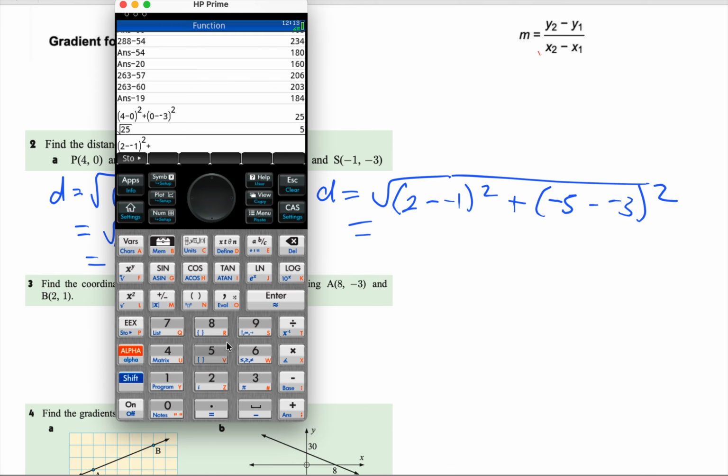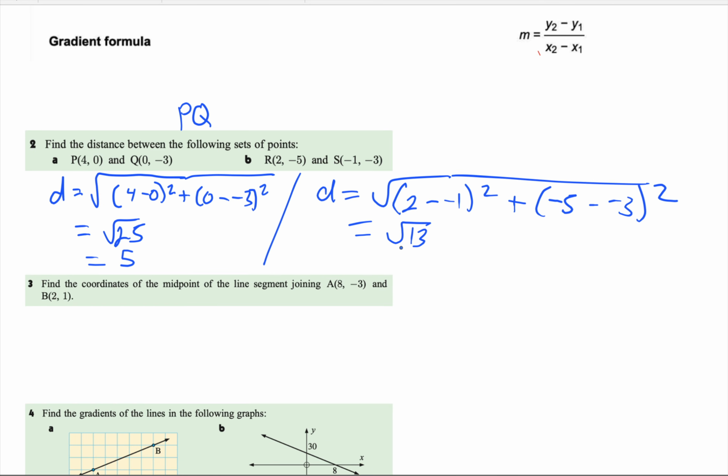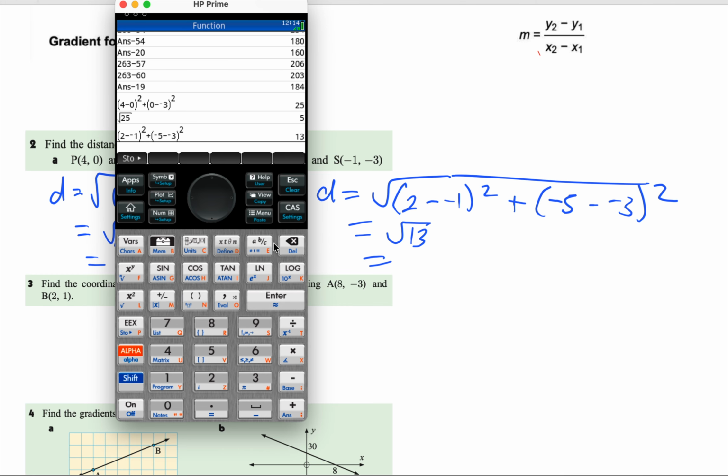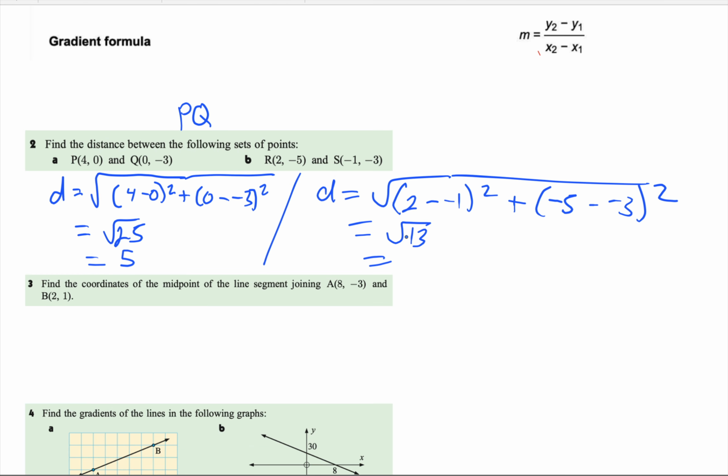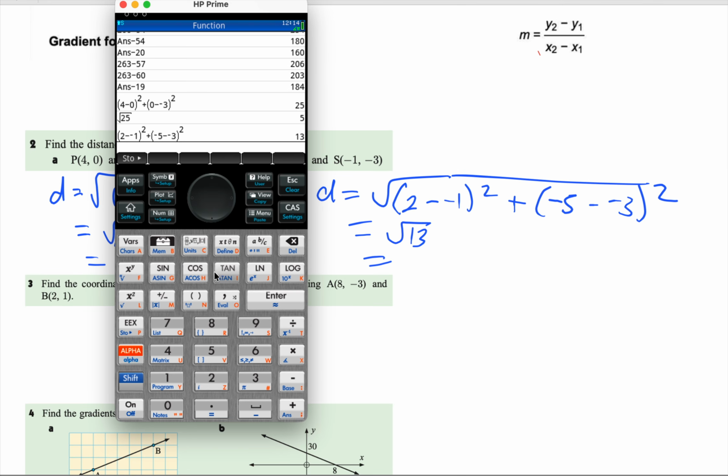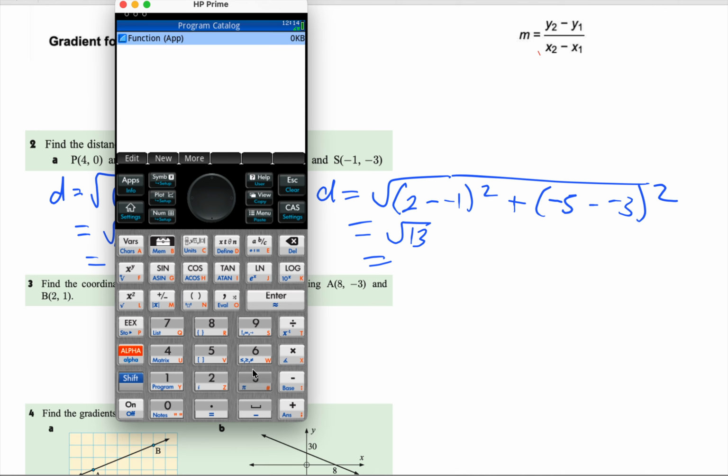And then you've got negative 5 minus negative 3 squared. Okay, so you get 13, so that's the exact answer, root 13. Or sometimes you might have a question that says, show that the distance is root 13, so that's useful. You can then click square root of 13.